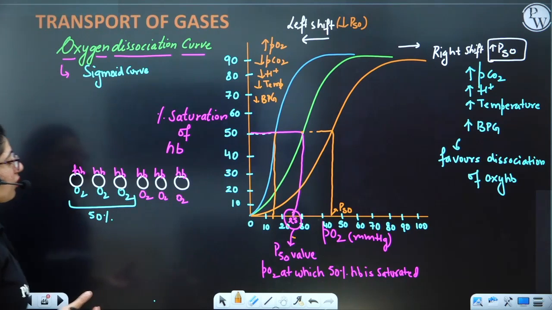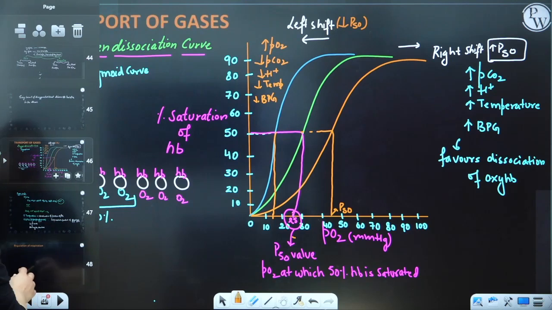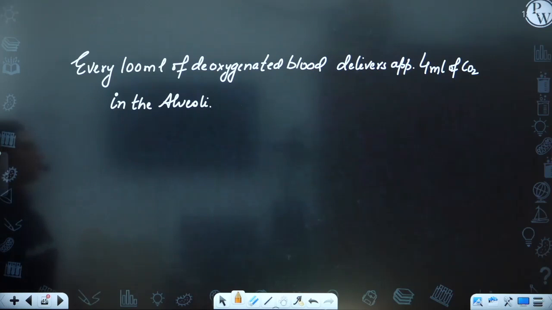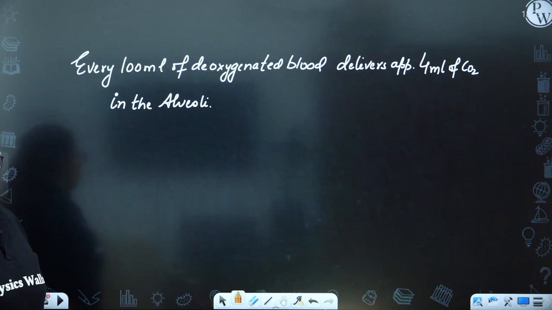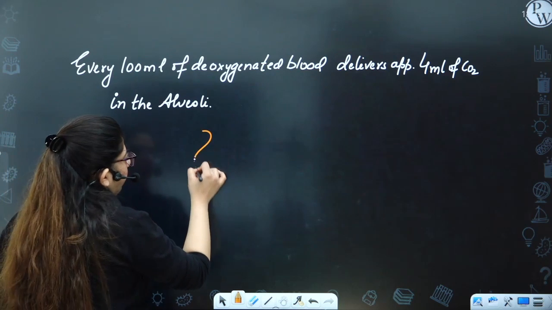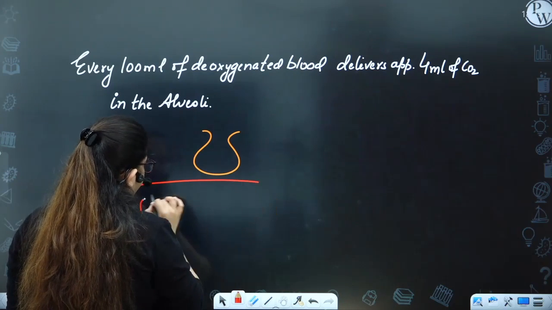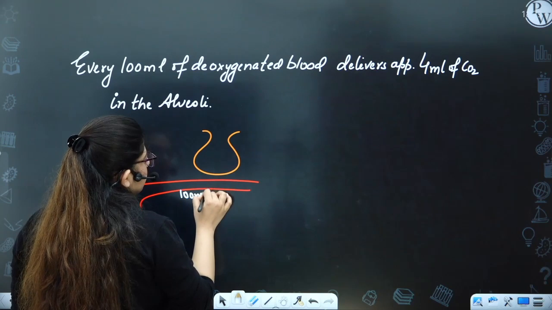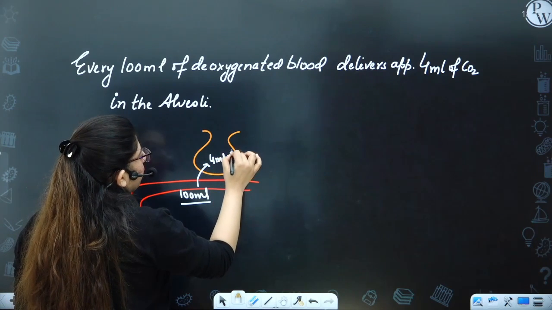All right. Okay, so this was about the oxygen dissociation curve. Let's talk about the CO2. Every 100 ml of deoxygenated blood delivers approximately 4 ml of CO2 in the alveoli. So if I have this alveoli and this is the deoxygenated blood, the 100 ml of this blood is giving 4 ml of CO2.